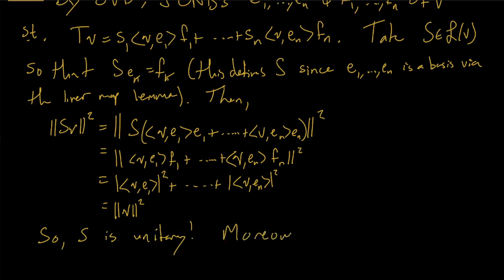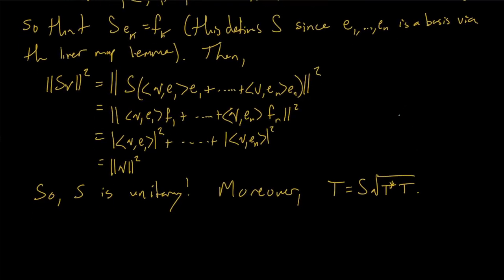Moreover, T is equal to S times the square root of T star T. Do you believe this? Maybe. If you don't, I encourage you to think about what goes on when you do this.